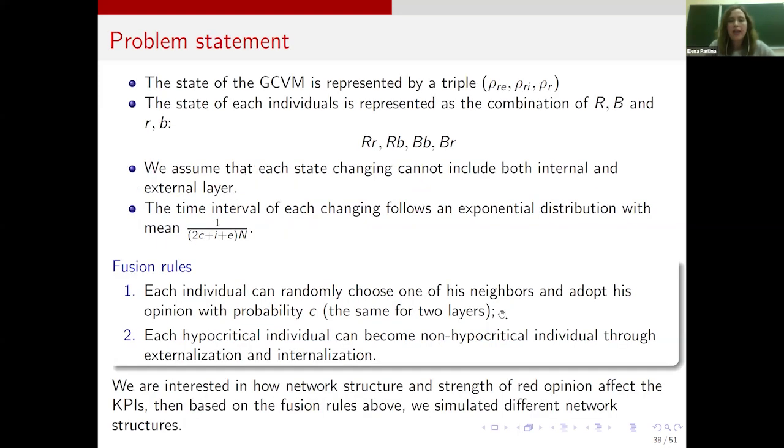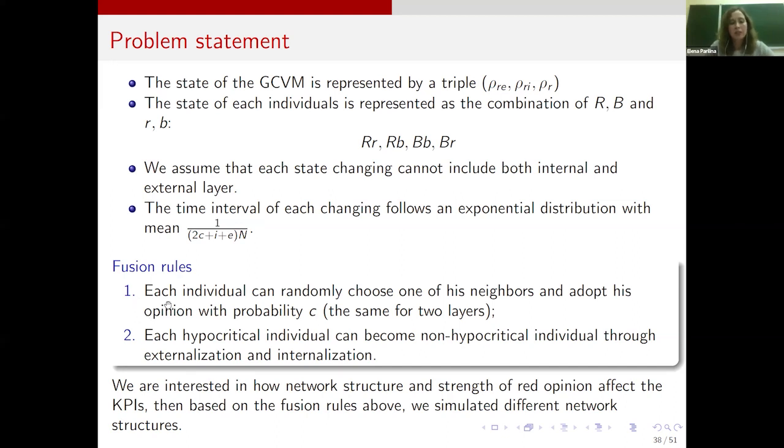And the state of this model, this stochastic process, will be given by three numbers: the fraction of the red external, red internal, and red in both states. And we assume that each state change cannot include both internal and external layers. So it will be one layer at a time where you can change the opinion. And for opinion dynamic models, we need to define the fusion rules.